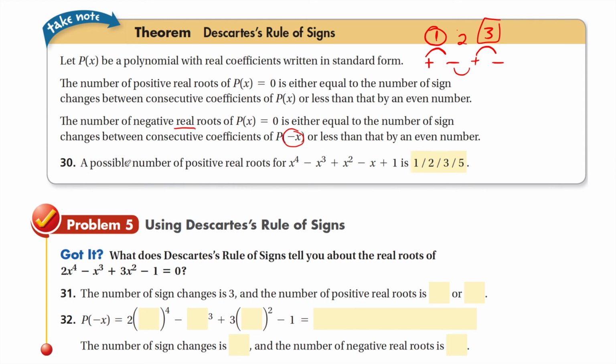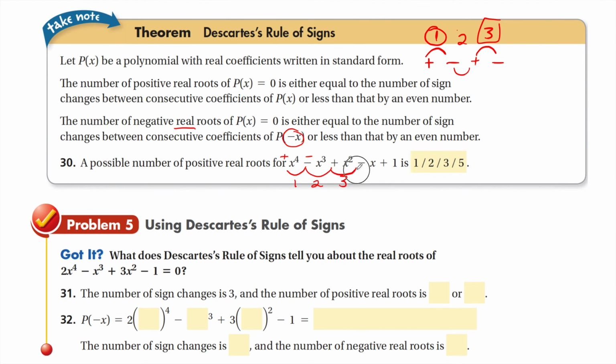All right, so a possible number of positive real roots for x to the 4th minus x to the 3rd plus x squared minus x plus 1 is going to either be 1, 2, 3, or 5. Which one is it? Well, we're starting with a positive, then going to a negative. So that right there is a jump of 1. We have a negative to a positive, which is 2. Positive to a negative, which is 3.